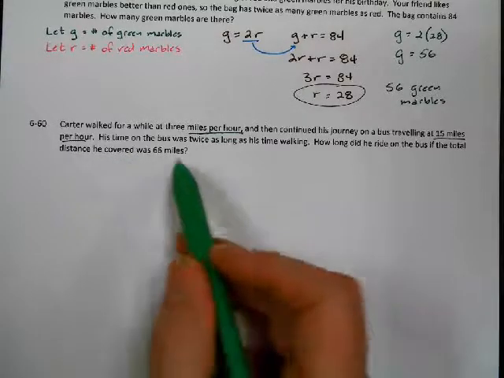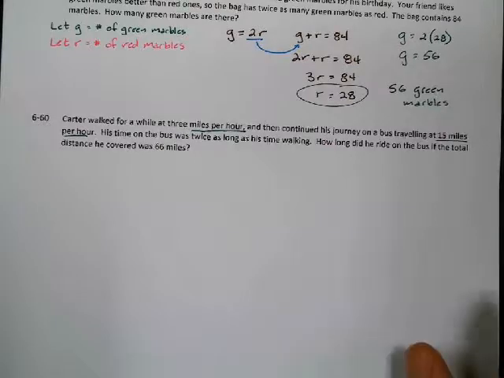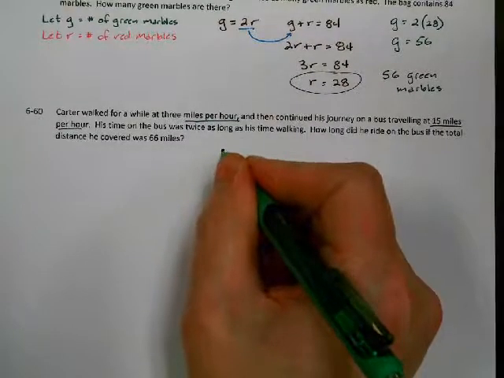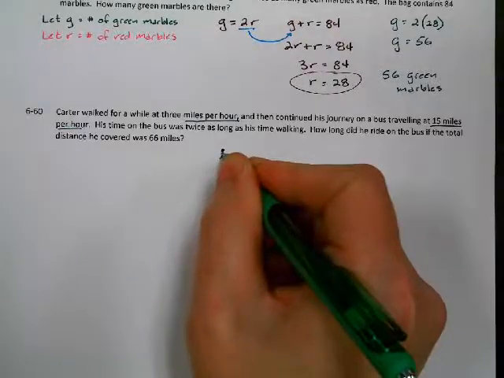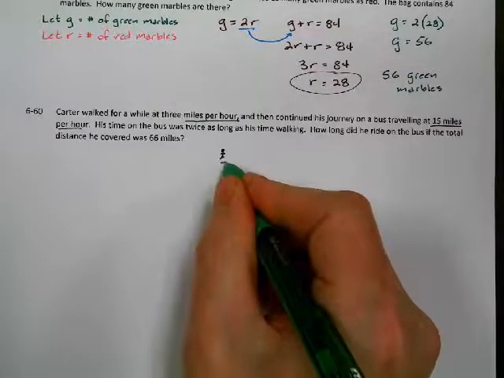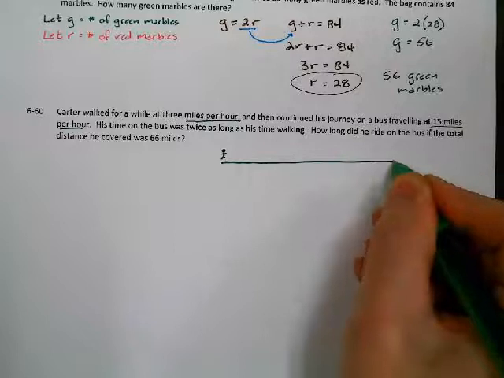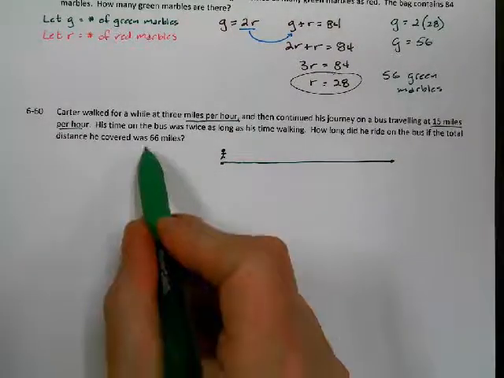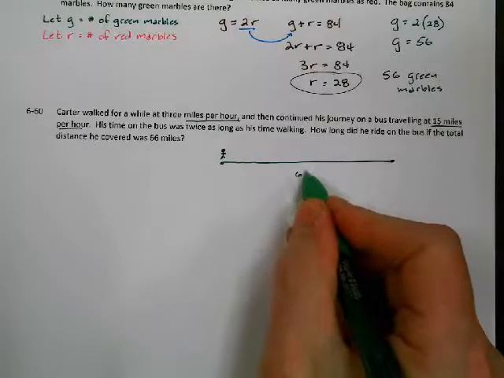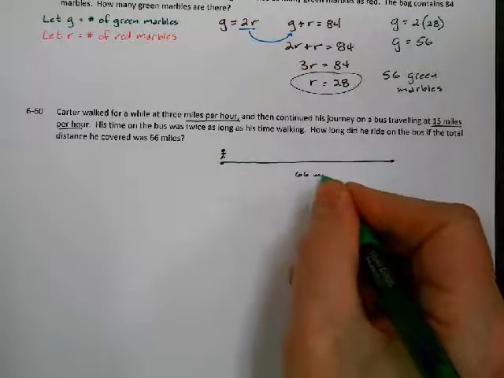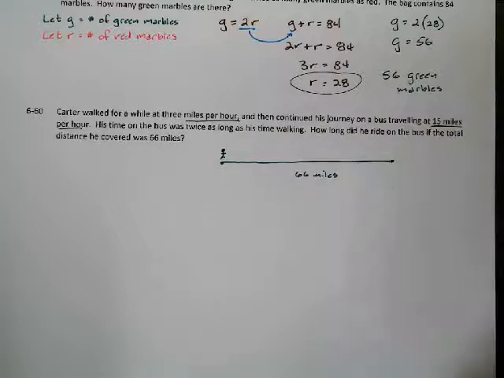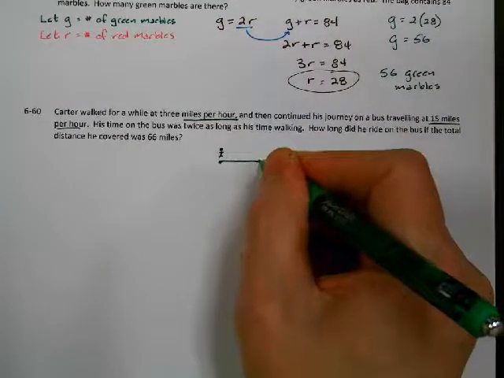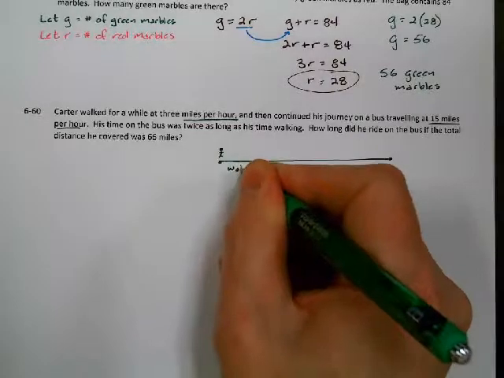You've got our little friend Carter here. He starts at one spot and then goes to a different spot. And we know that the total distance is 66 miles. Now, there are two sections to this. From here to here, he's going to walk. And then from here to here, he's going to get on a big old bus.